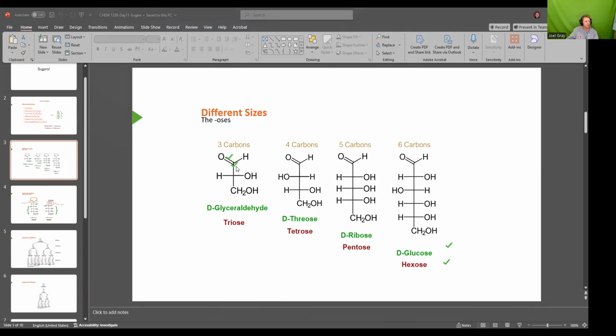Now, this right here is an example of an aldehyde. Where I put the check mark, there's actually a carbon. Another way to look at this molecule here is C. So that's one way that you can look at that molecule.